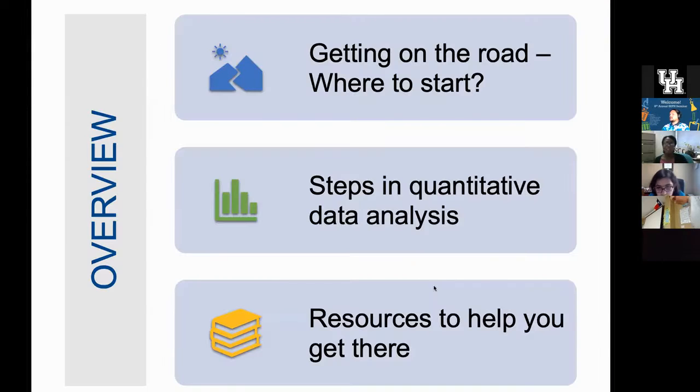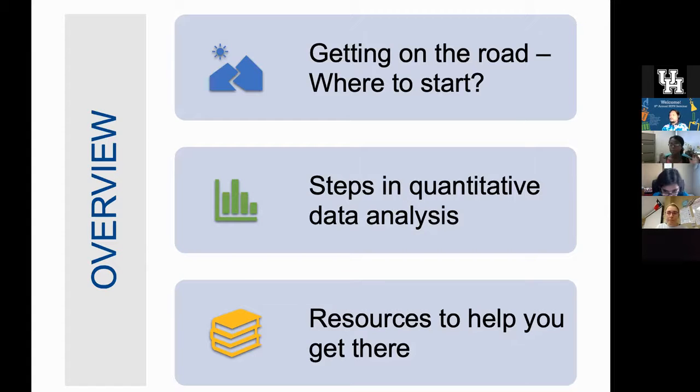Okay, so this is our overview of what we're going to do today. The road to results: if you're trying to get to results from a science fair project, where do you start? How do you get going? And then steps basically in quantitative analysis. Qualitative analysis is wonderful and should be used and has its own steps.